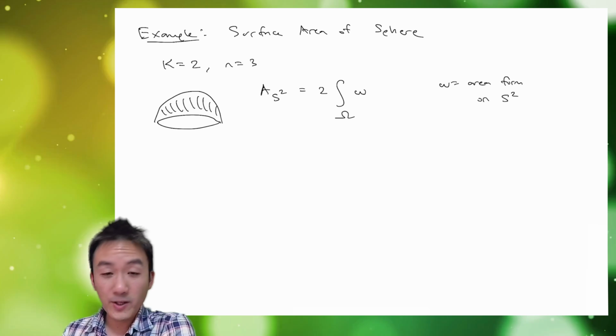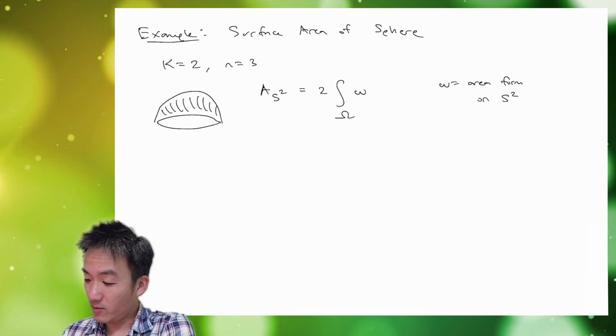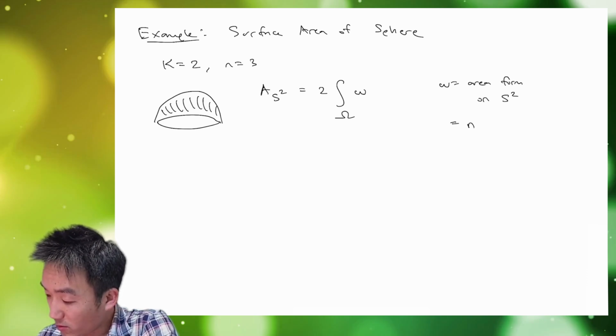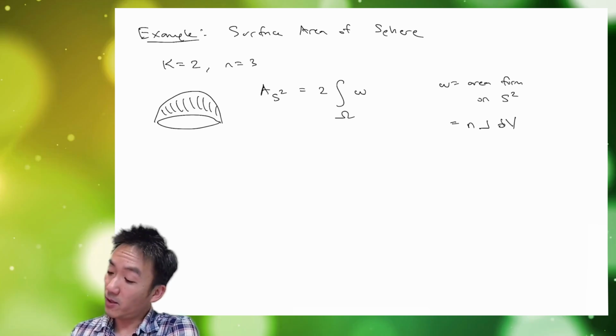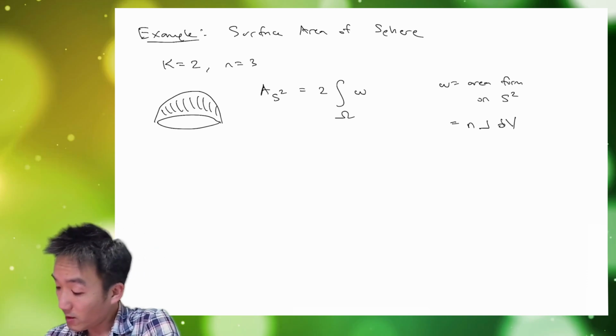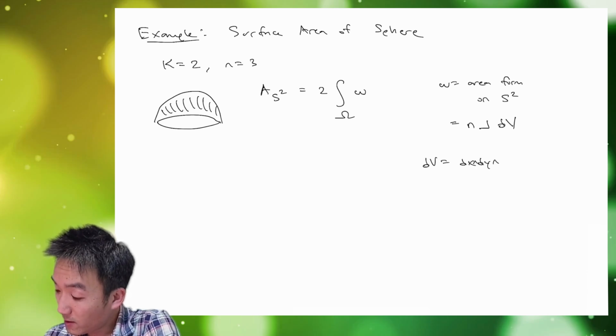Now this requires a bit of reasoning, but it's not too hard to convince yourself that it's the unit normal to the two-sphere contracted with the standard volume form in 3 dimensions. I hope that's reasonably intuitive, because the volume form dV one can think of as dx dy dz.